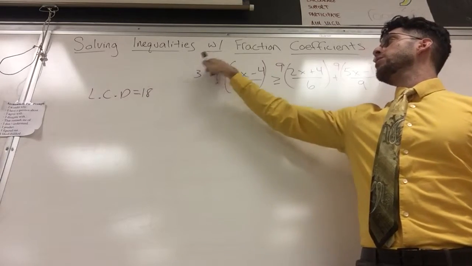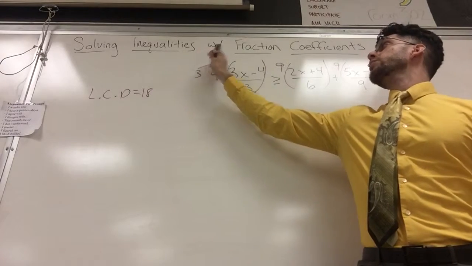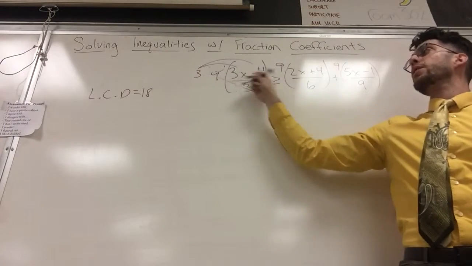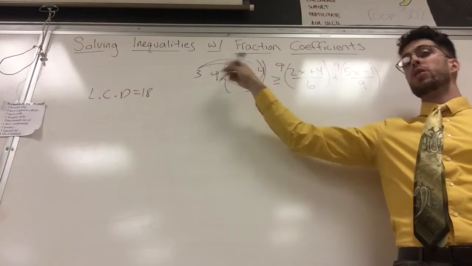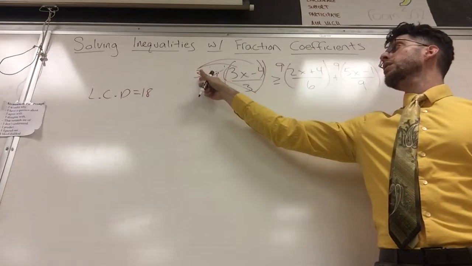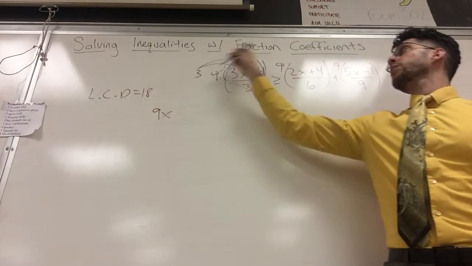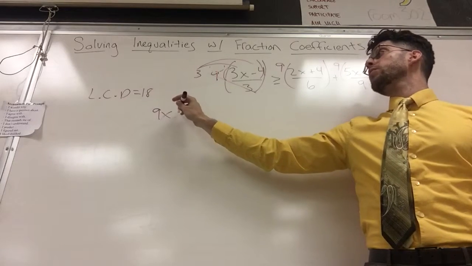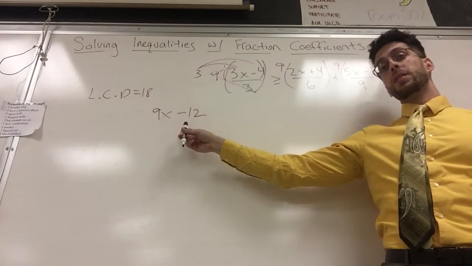This 3 is going to get multiplied by the entire term. And since the entire term is 3x minus 4, I'm going to distribute. So 3 times 3x is 9x. 3 times 4 is 12, so that's minus 12. Okay? This becomes this, nice and clean.